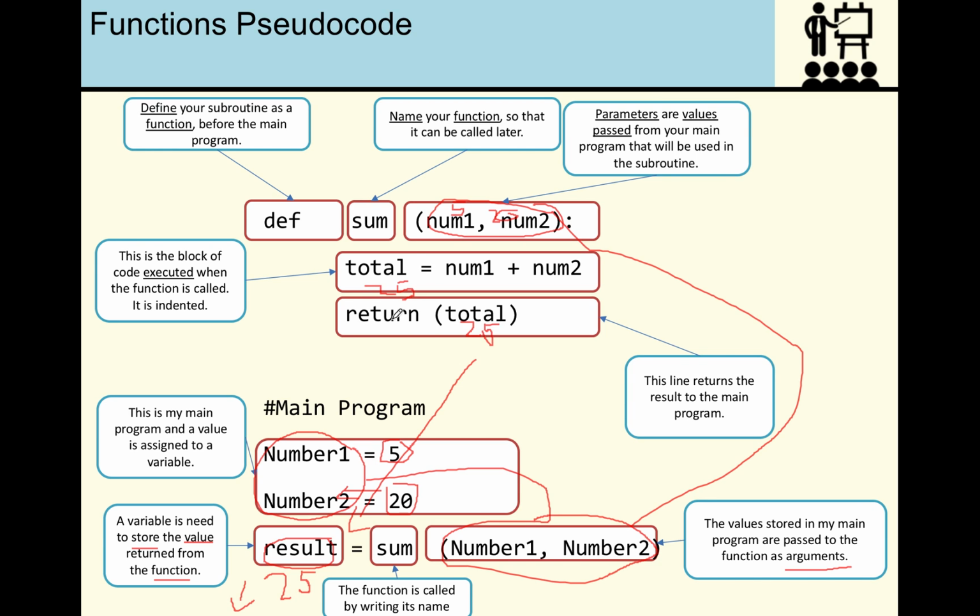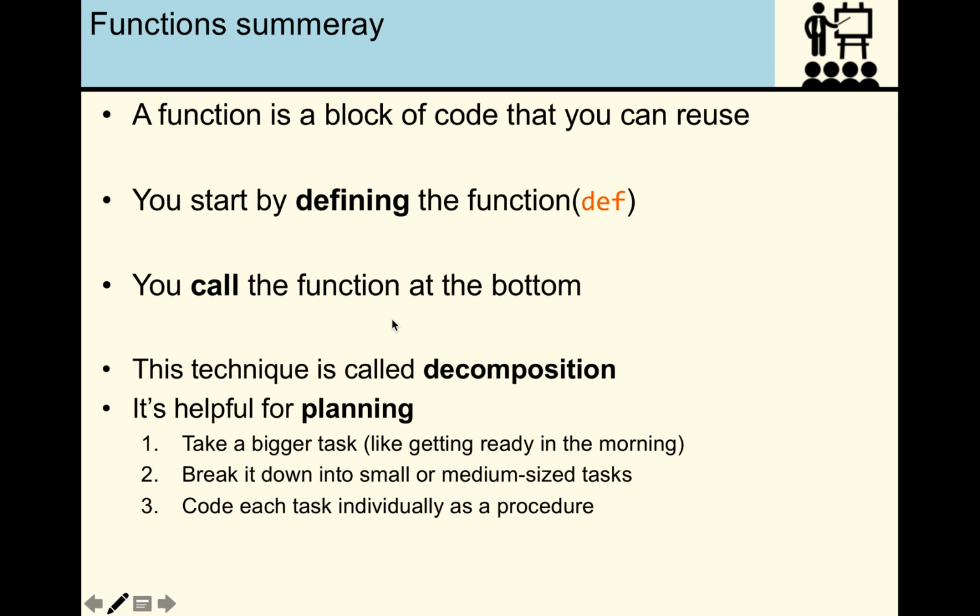And I recommend that you try and program it up and look at different examples and see how it works, because they're really useful. And just to give you a quick summary, a function is a block of code, and you can reuse it, because once you've defined it, all you need to do is call its name. You start by defining the function.